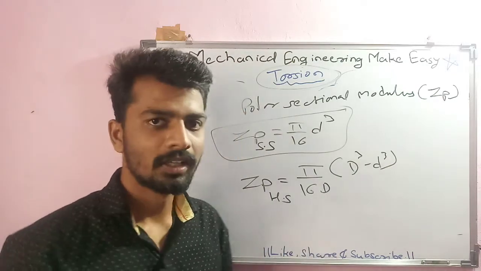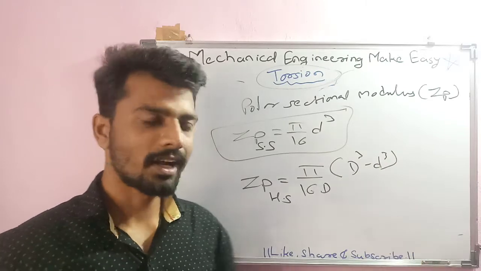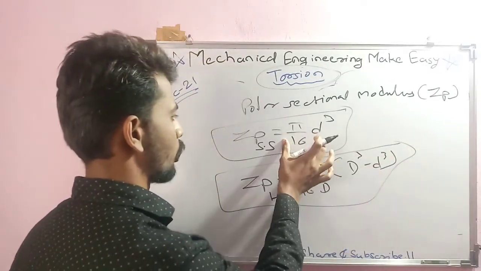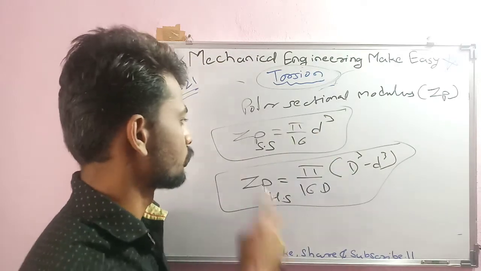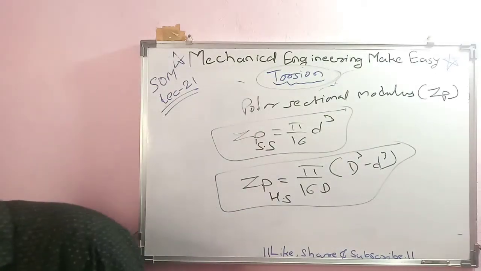Capital D is the outer diameter, and small d is the inner diameter in case of a hollow shaft. So this formula is for a hollow shaft, and the other is for a solid shaft. Note down these two formulas, and then we will move towards the next concept.